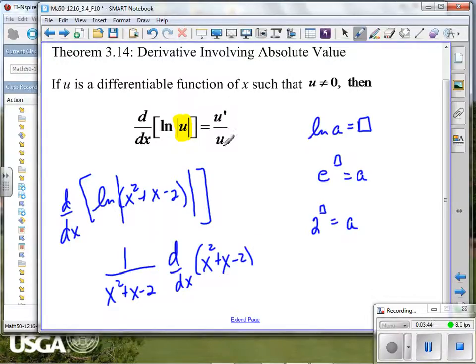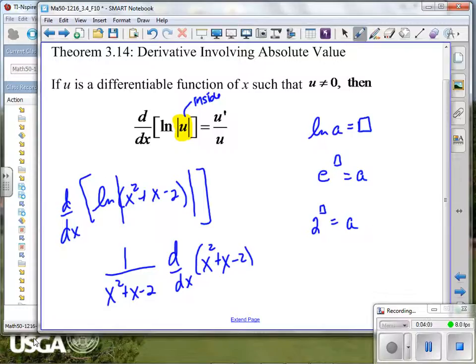This is the quantity u. We just have 1 divided by that, and then we take the derivative of the inside function. So just keep in mind, this is representing an inside function right now. Okay, so that's why that's there.